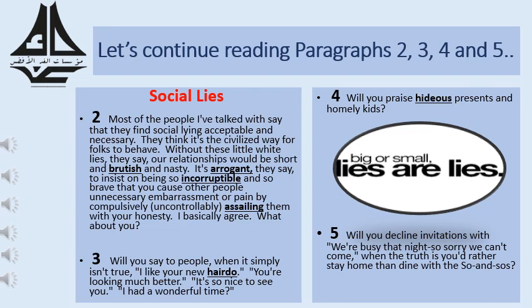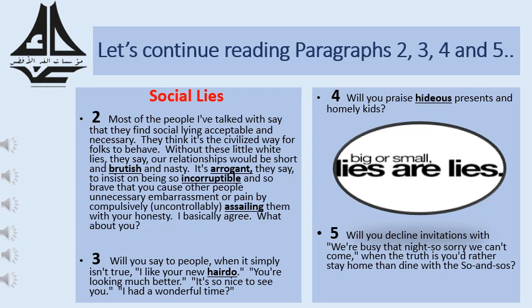In paragraphs 3 and 4, the writer asks for our opinion by suggesting some actions as examples. She asks if we would tell someone we like his hairstyle when it's not really true, or you're looking better, or it's nice to see you when we don't really feel that.